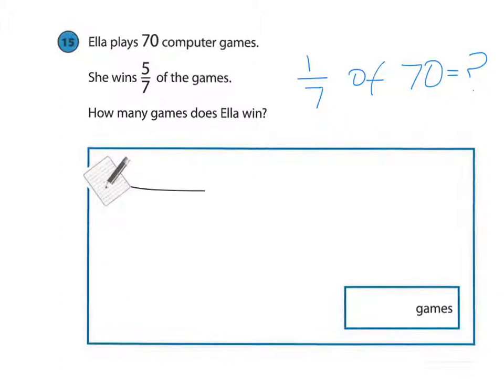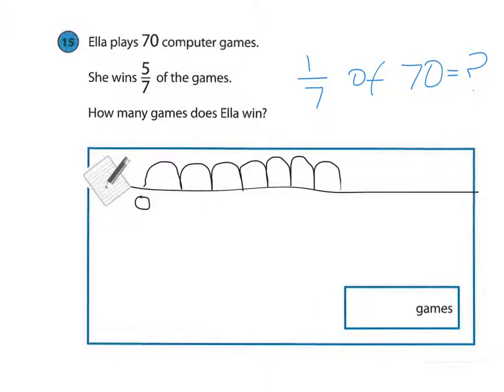If I draw a number line, starting on 0, we're going to jump along in 7s until we get to 70. 7, 14, 21, 28, 35, 42, 49, 56, 63, 70. So if we count the jumps, we'll work out how many sevens there are in 70. There are 1, 2, 3, 4, 5, 6, 7, 8, 9, 10. So 1/7 of 70 is 10.